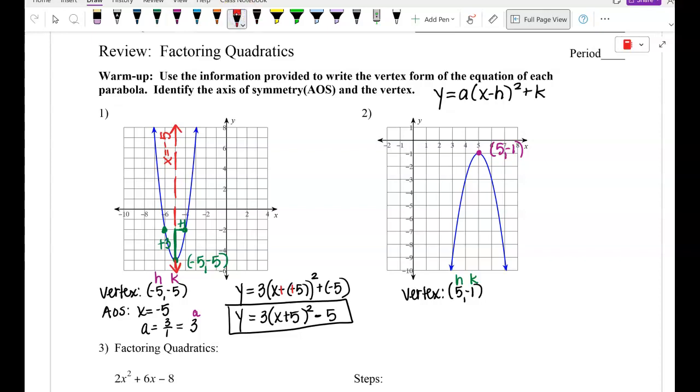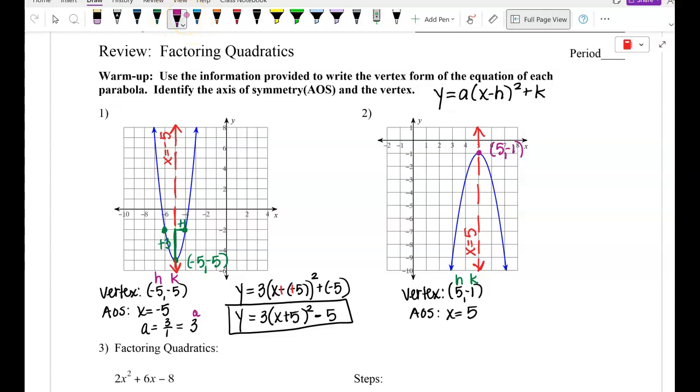They ask us for axis of symmetry, so we need to address that. Again, it's the vertical line that goes through our vertex. So in this case, it is the line x equals 5. And then we need that a value.